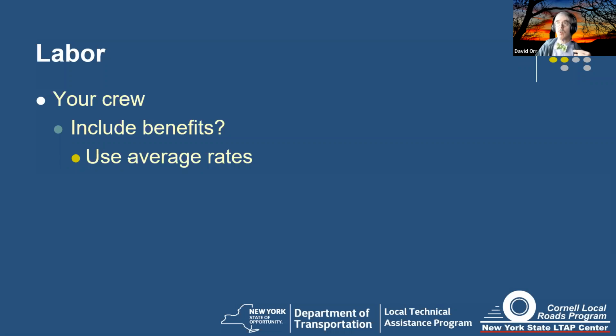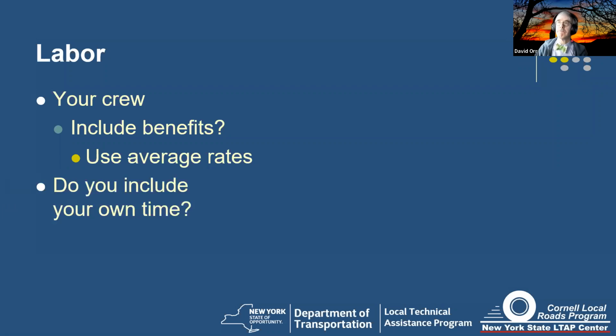Now, for those of you who are highway officials, especially in the town and county side, that your line item might be in a different part of the budget. Do you include your own time? Yes or no? Do you include your own time when you're doing these calculations? Yeah, you should for the same reasons.